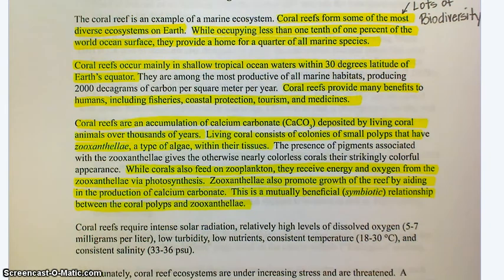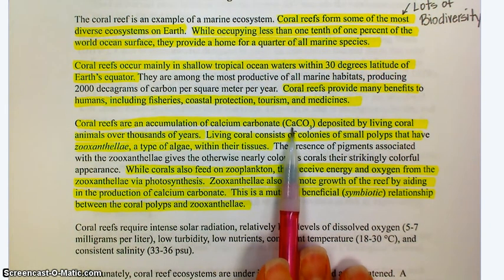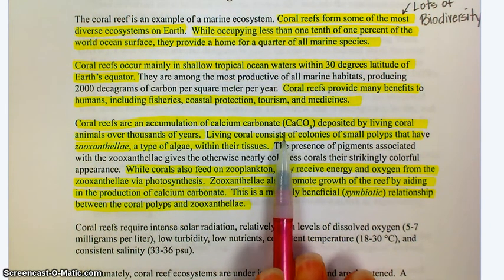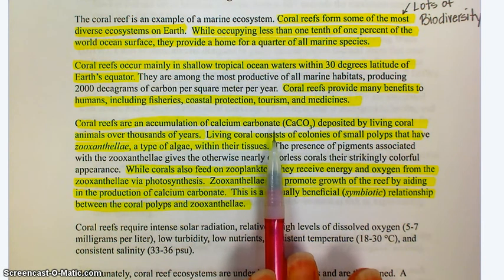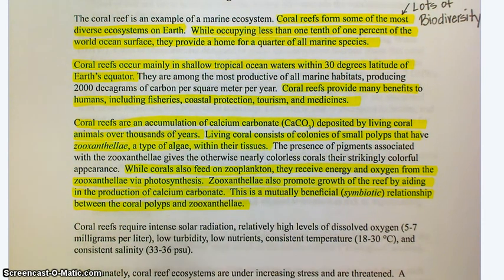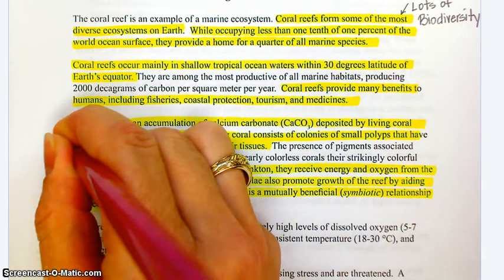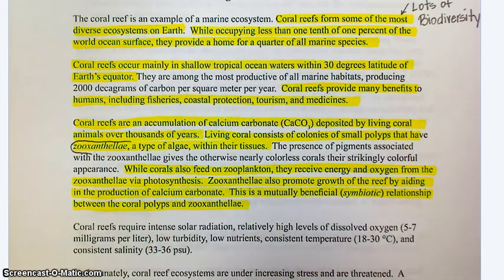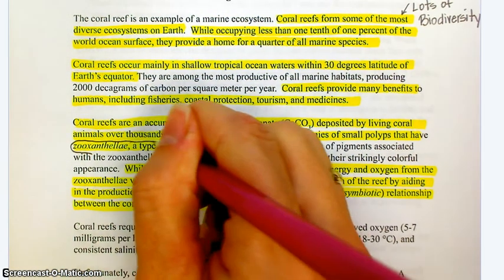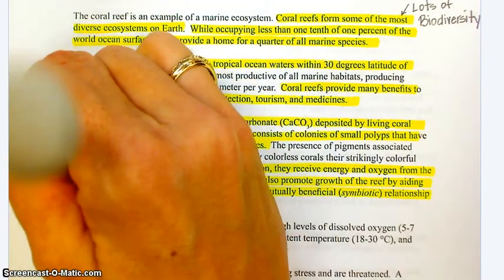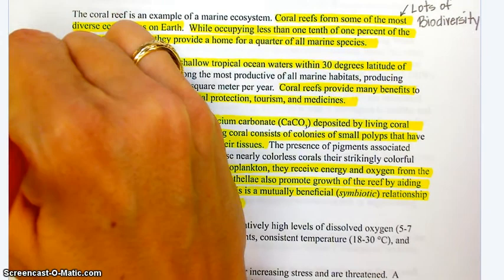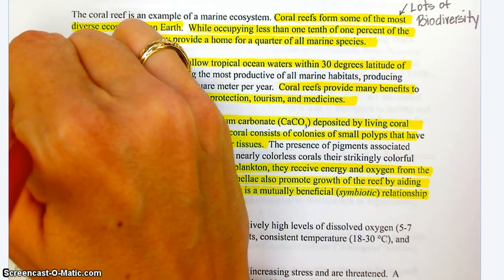Just wanted to point out calcium carbonate is chemically the same substance as you'll find in rocks like limestone and marble. Okay, and I want you guys to circle the zooxanthellae. And right out to the side, remind yourself that that gives the coral reef its color.